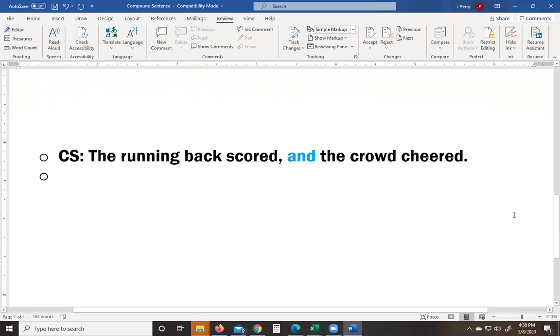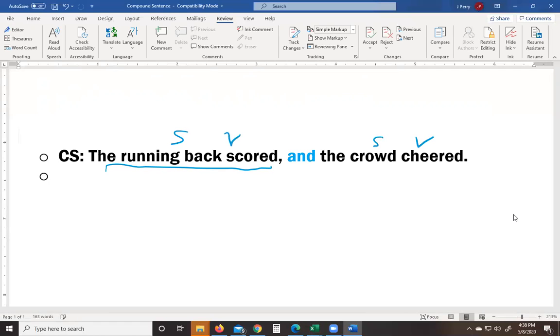So when I see a sentence like this, I ask myself, I've got a subject and a verb right here, and I've got a subject and a verb. Whenever I use one of the FANBOYS, I ask myself this question. Is everything to the right of this coordinating conjunction a complete sentence?